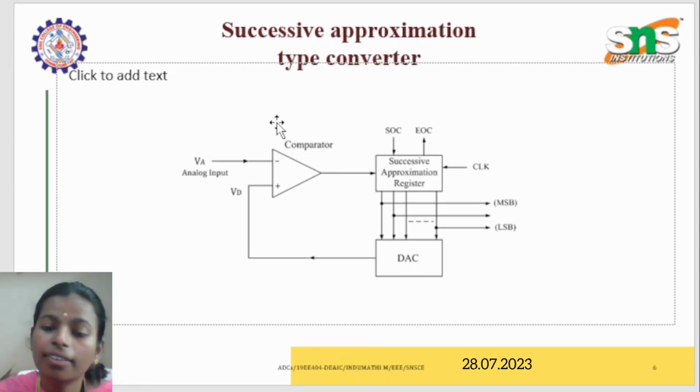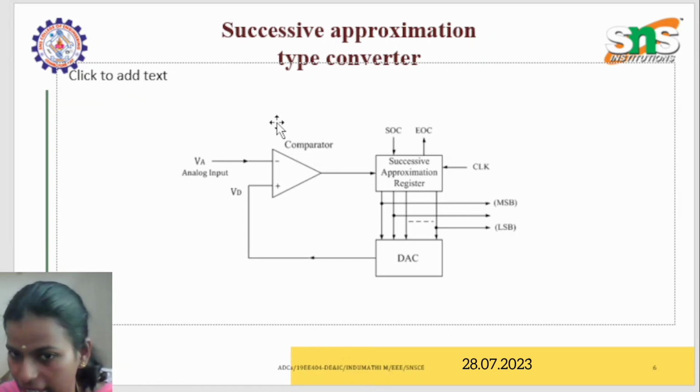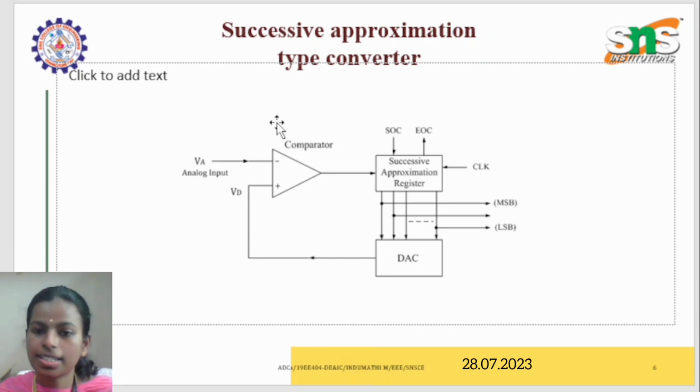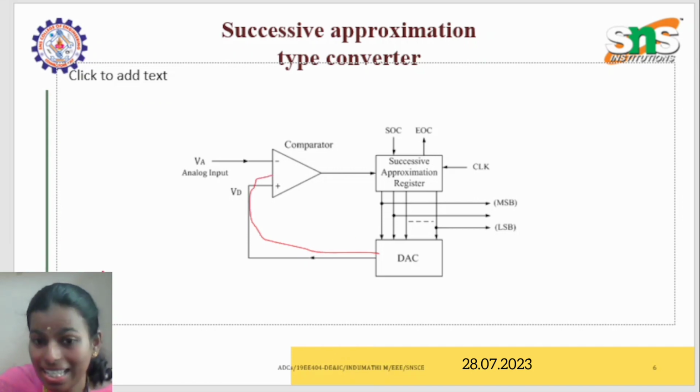The output from the comparator is given to the successive approximation register, then to a DAC, and the DAC output is given as feedback to the comparator. The clock signal is also given to the successive approximation register.